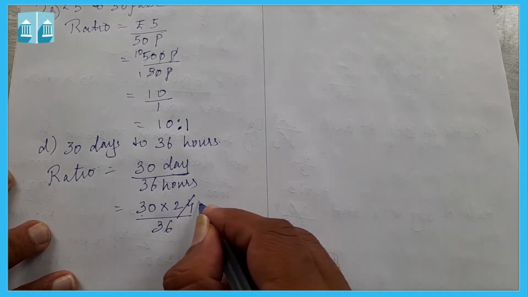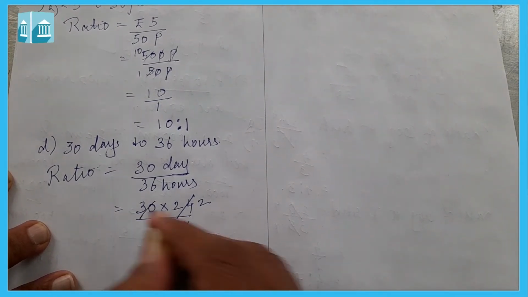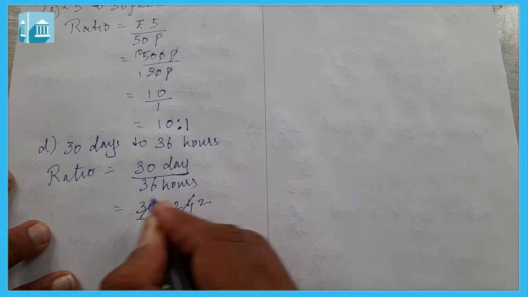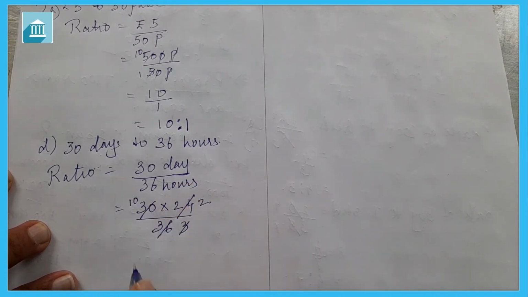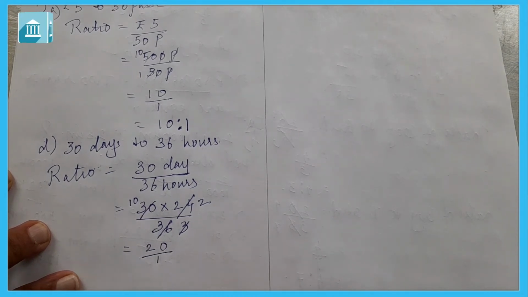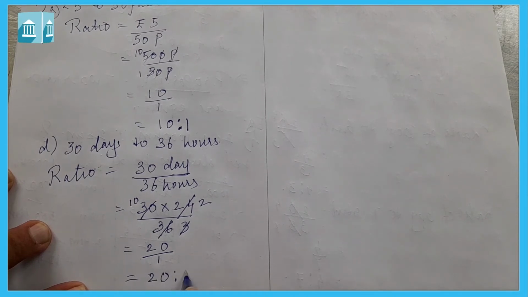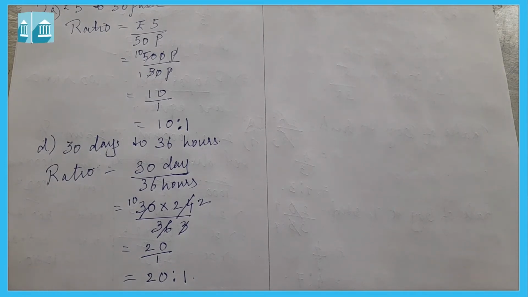We can say 12 2s are 24 and 12 3s are 36. We can say 3 10s are 30. So it is 20 upon 1. So again the ratio is 20:1. So the ratio of 30 days to 36 hours is 20 upon 1.